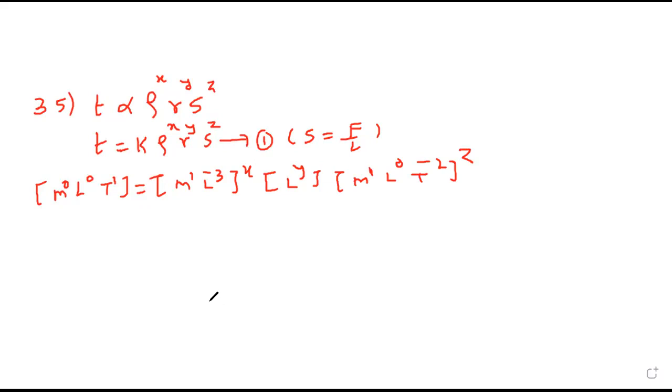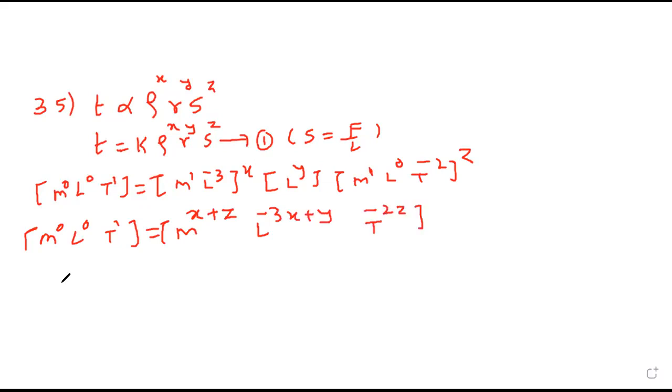Okay. So M0 L0 T1 equals M power x plus z, L power minus 3x plus y, T power minus 2z.